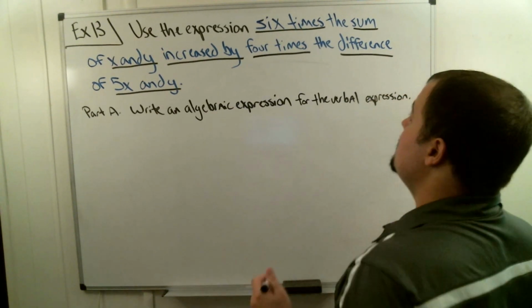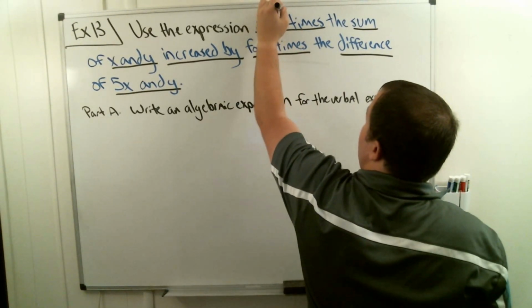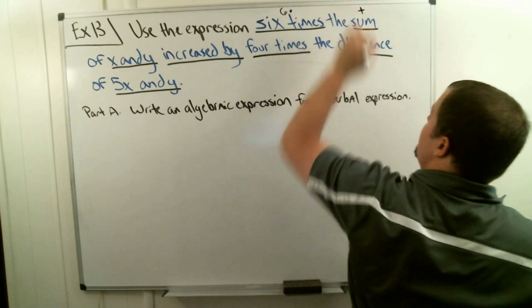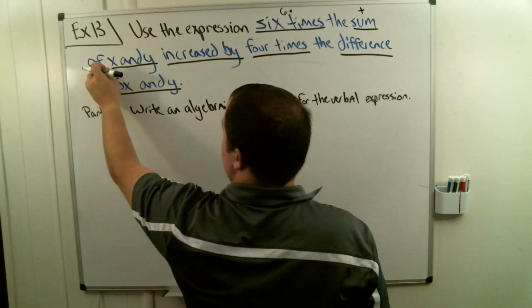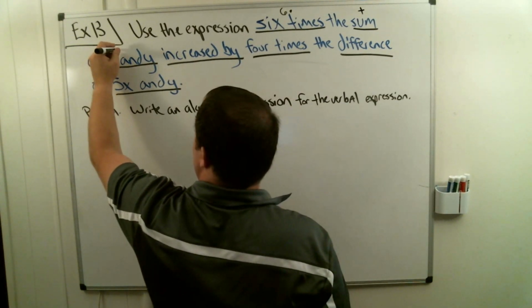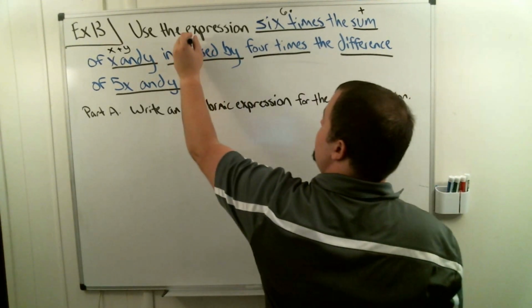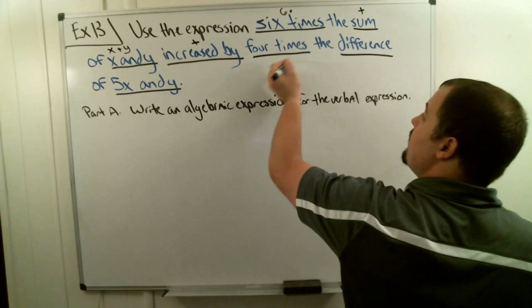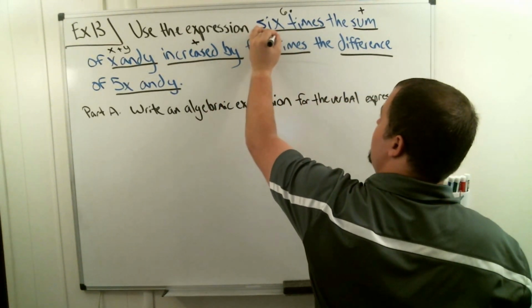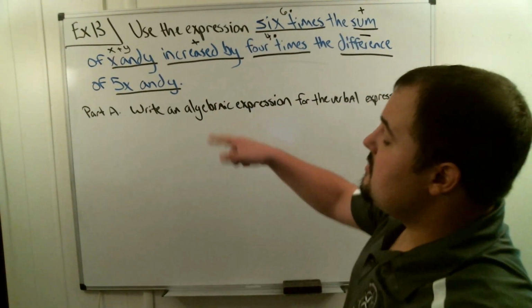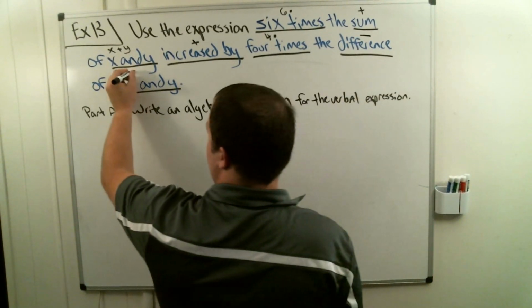So this right here should look like 6 times, sum means addition, and this addition is going to be x and y adding together. Increased by, that's a plus sign. 4 times, so I'm going to write 4 times the difference, that means subtraction, the subtraction of 5x and y.